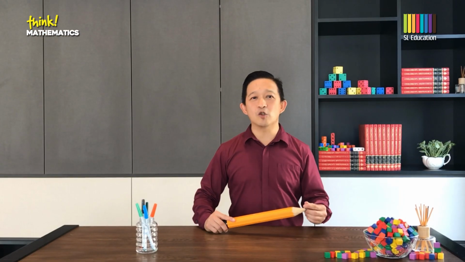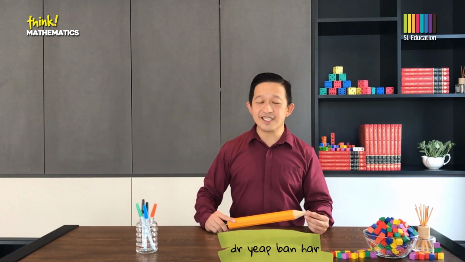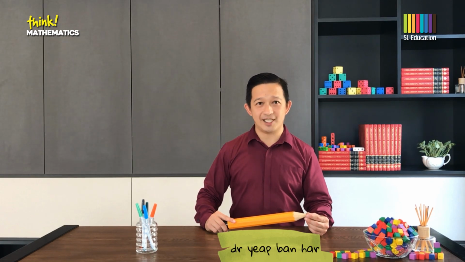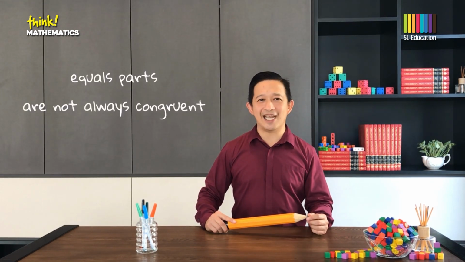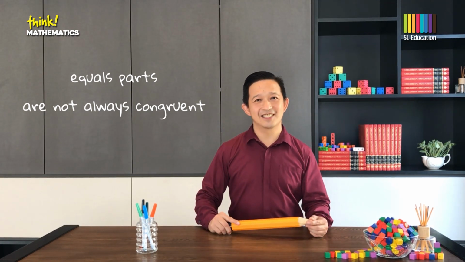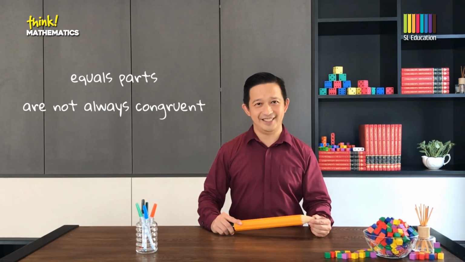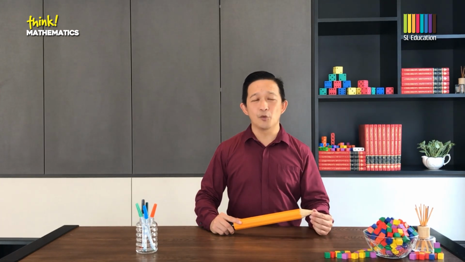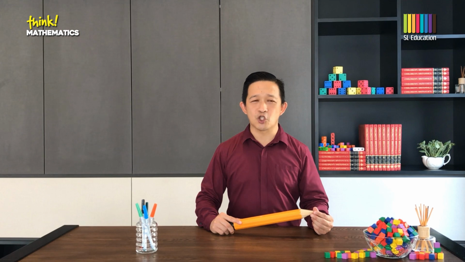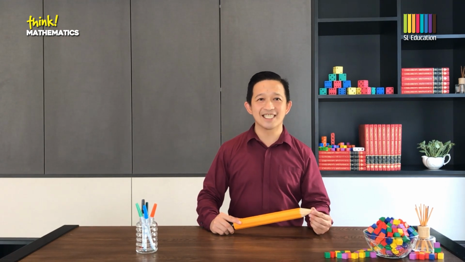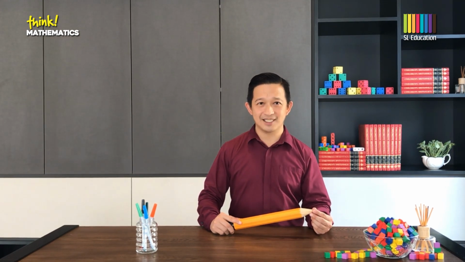In the topic of equal parts, there are some things that we need to know as a teacher. Firstly, we need to know that equal parts can be congruent, but they don't have to be. Secondly, we need to know that students might use different ways to check whether parts are equal or not.